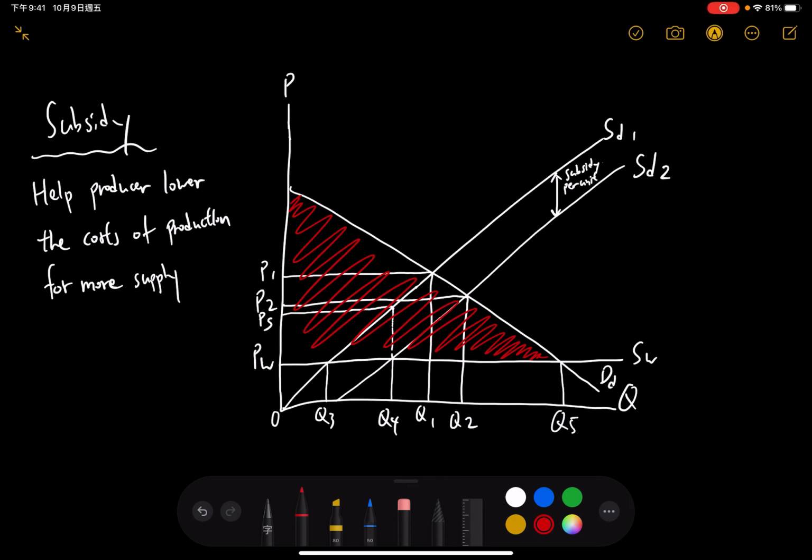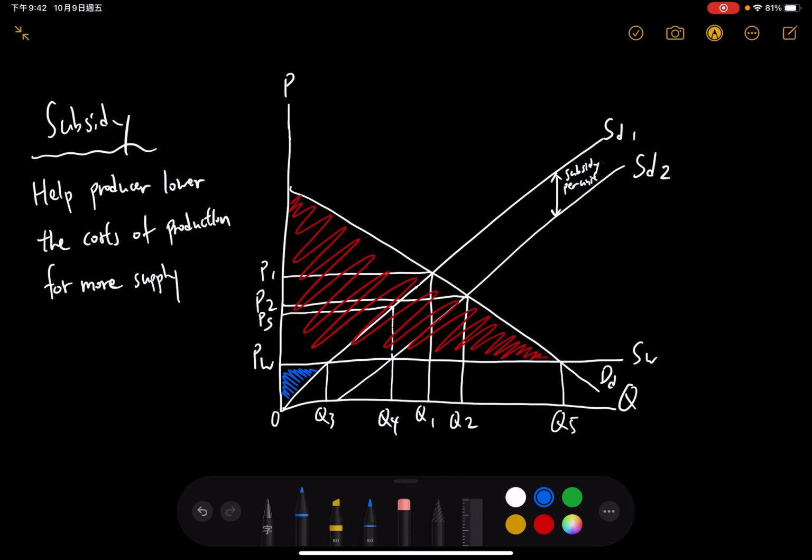Simple. So what about the local producers? Originally, this much of the producers would survive. But after the subsidy is imposed, more producers receive the benefit of lower cost of production. So at the end, more producers are able to survive in this international competition, and the local production increases to Q4.